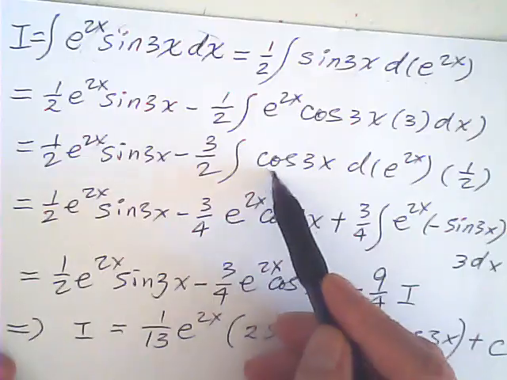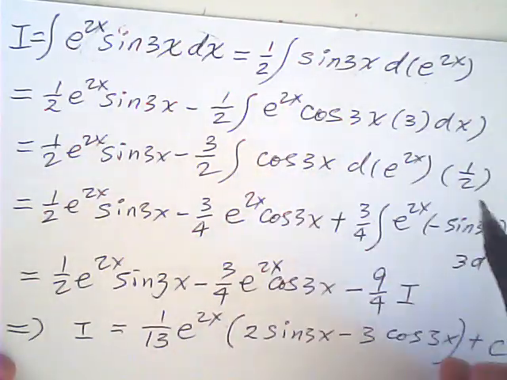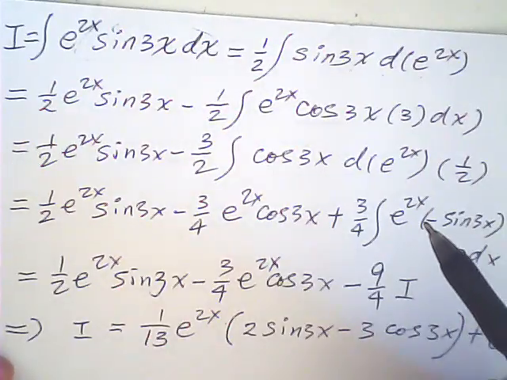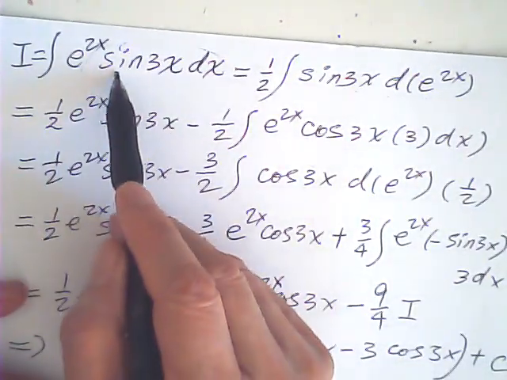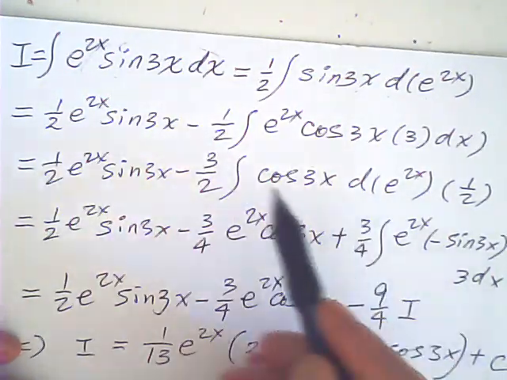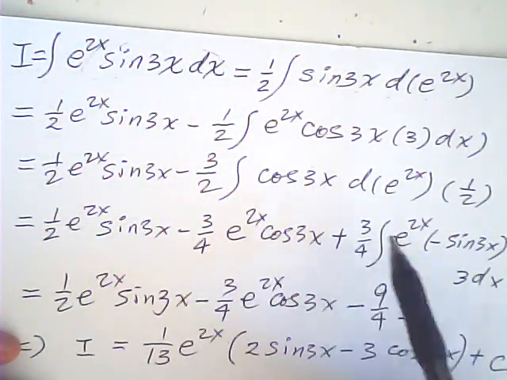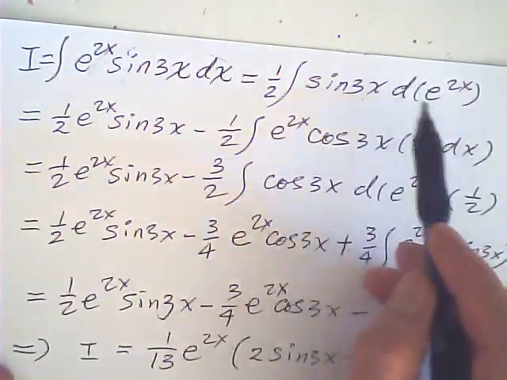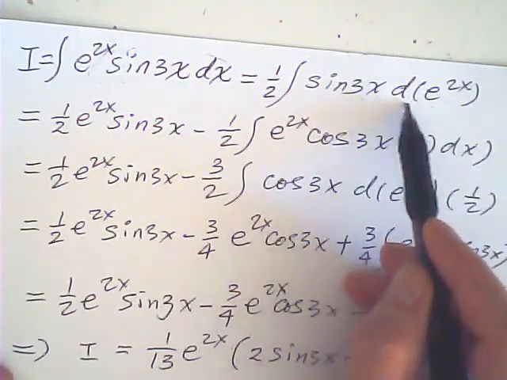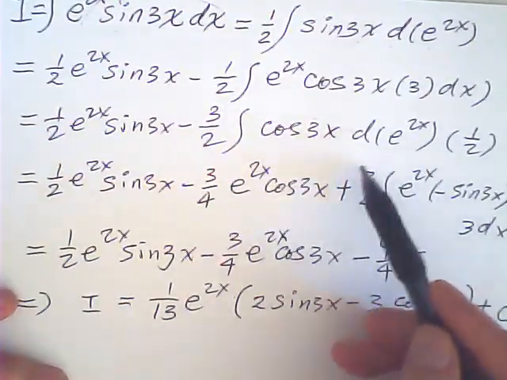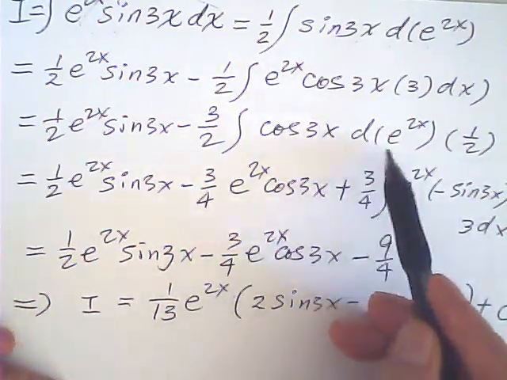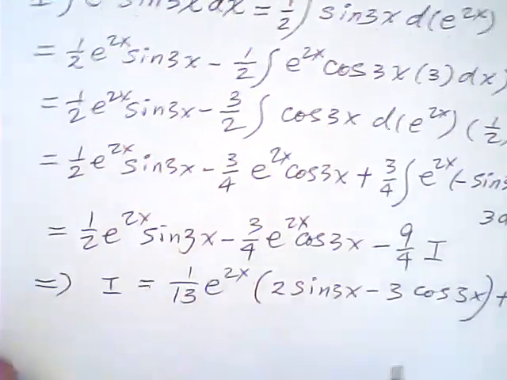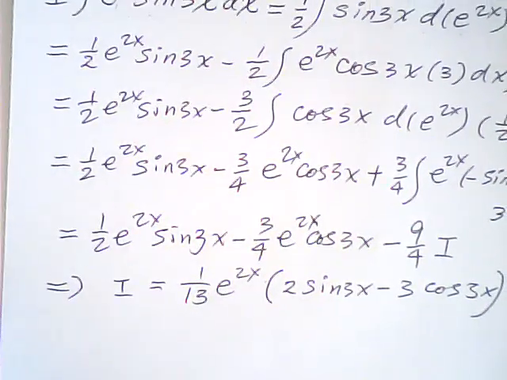If you change it, cosine 3x dx as my dv, no, it doesn't work. You will go back. So once you choose this as dv, next time you keep cosine dx as dv. When you choose this one as my dv, then you keep that way for the next by parts. Okay, that's what I want to say.